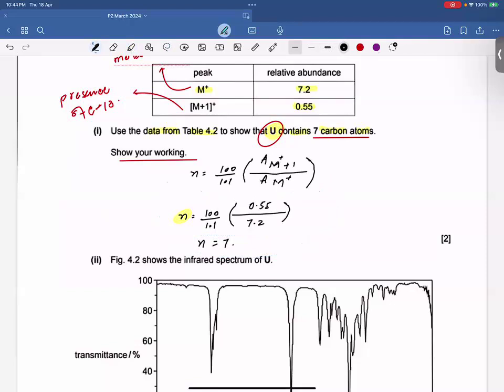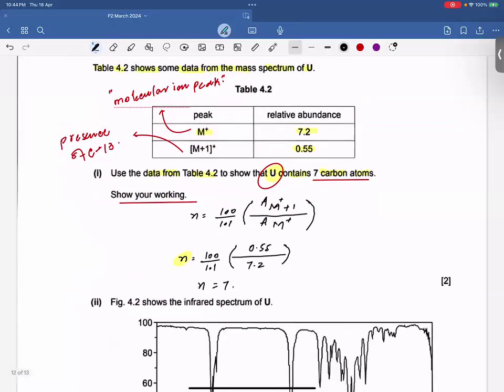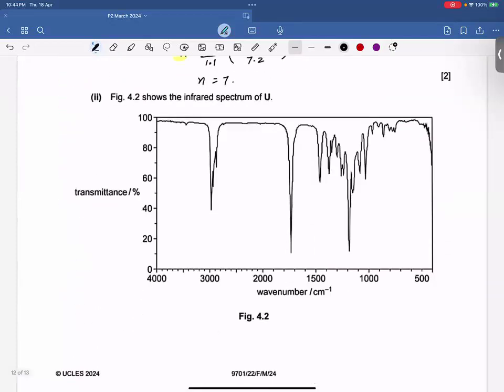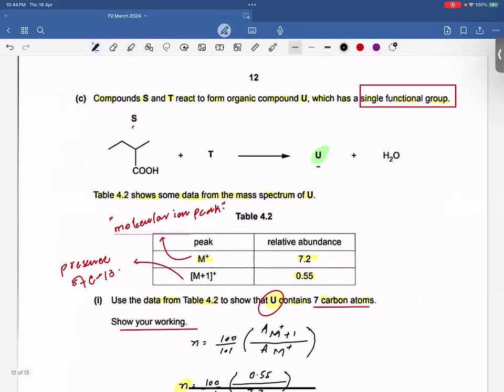Now we have 7 carbon atoms here. Cool. It's sort of analytical skill information. So this U has 7 carbon atoms.